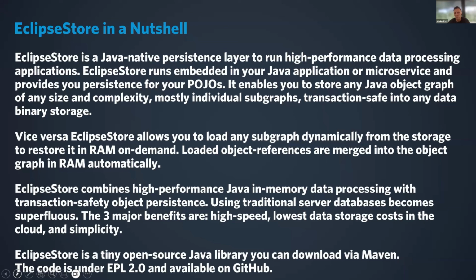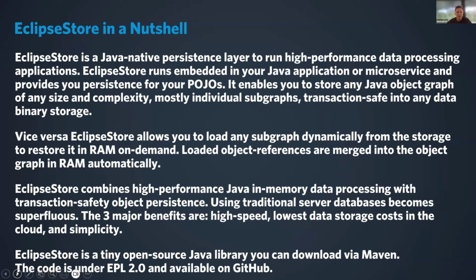So you can choose your storage target freely, provides you transaction safety, and mostly you will store individual subgraphs. So you can store the whole object graph in memory, but mostly this makes no sense. Mostly you will store your object graph partially, so the changes are regularly stored to disk.